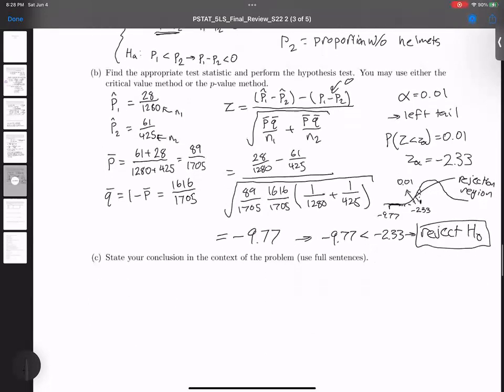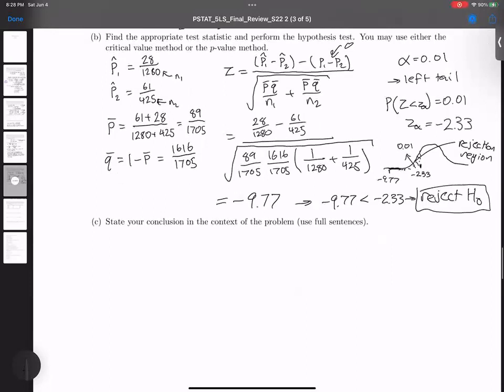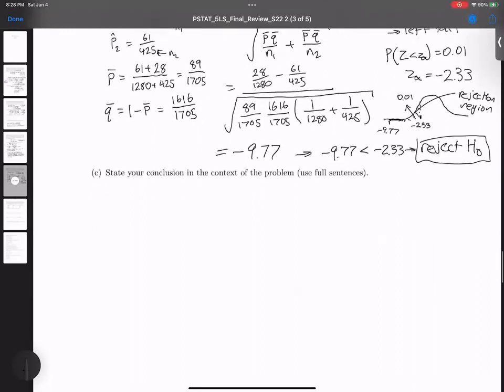All right. And then the last bit is to just state the conclusion in the context of the problem. So we reject the null hypothesis. And then what is the null hypothesis in English?